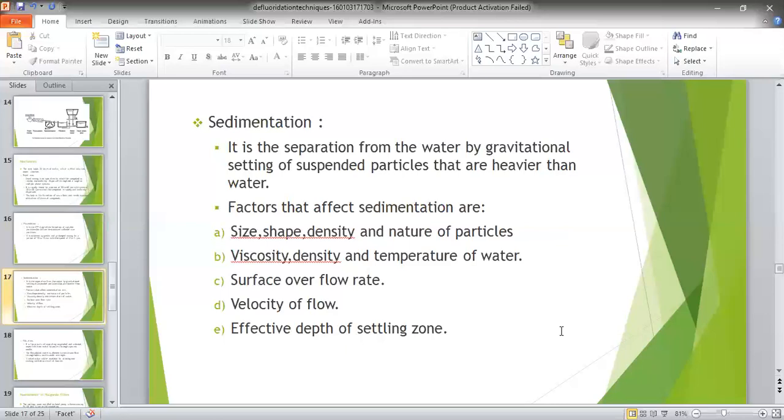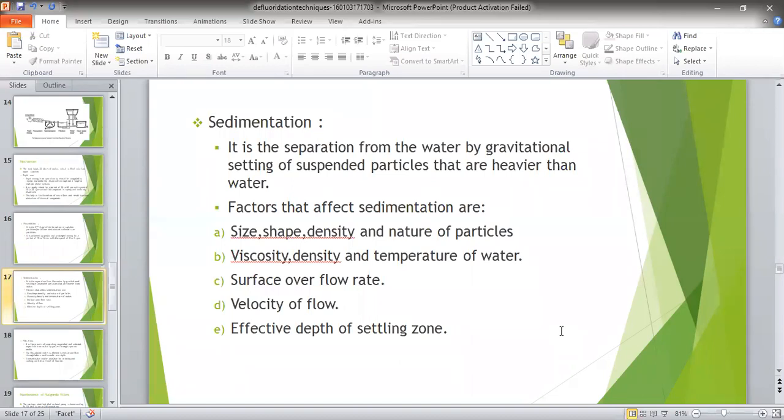Sedimentation is basically separation from the water by the gravitational settling of suspended particles that are heavier than water. The particles that are heavier than water, containing the excessive amount of fluoride, will settle, and we will separate these suspended particles from the water by gravitational settling.